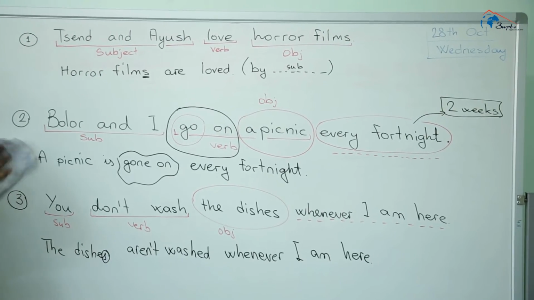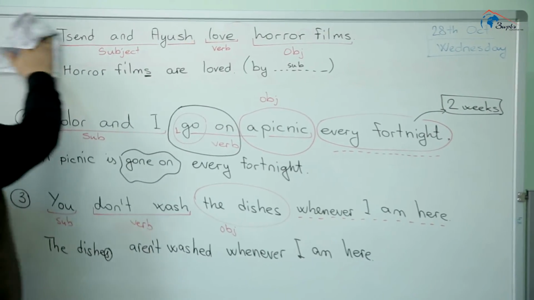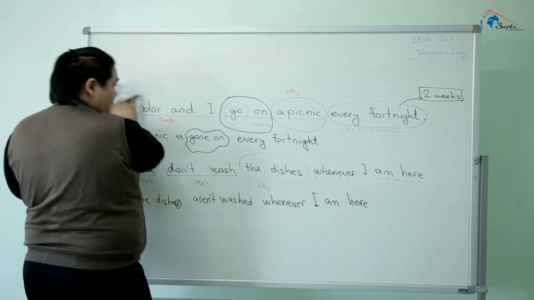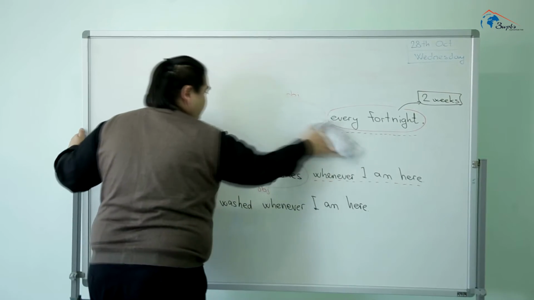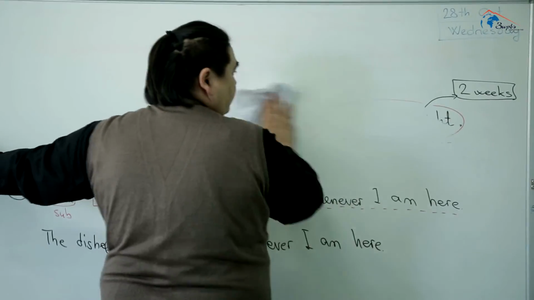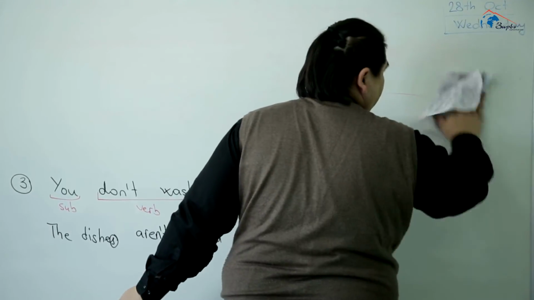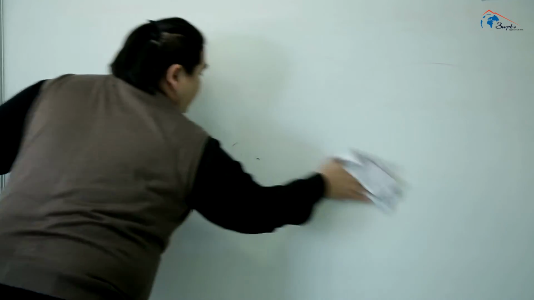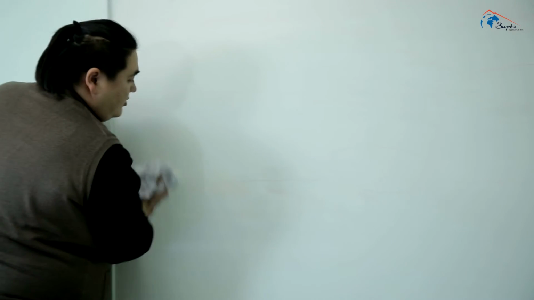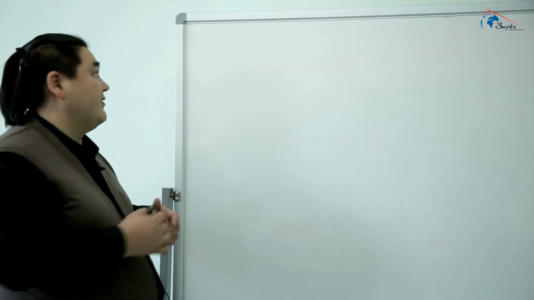Good. First sentence, gone. Second sentence, hopefully gone. Third sentence is also gone. Guys, I am going to give you the structures of the more commonly used tenses. As I told you, the tenses are going to be given first.